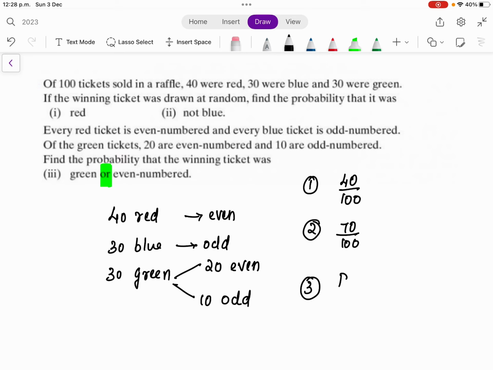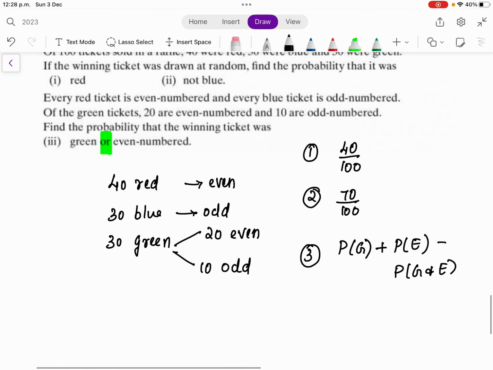So what you have to do is use the formula: probability of green plus probability of even numbered minus probability of green and even. Now the probability of green is 30 over 100, and for the probability of even you have to find the total number of even tickets.